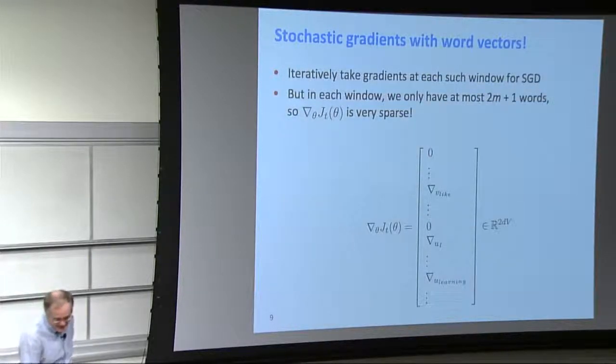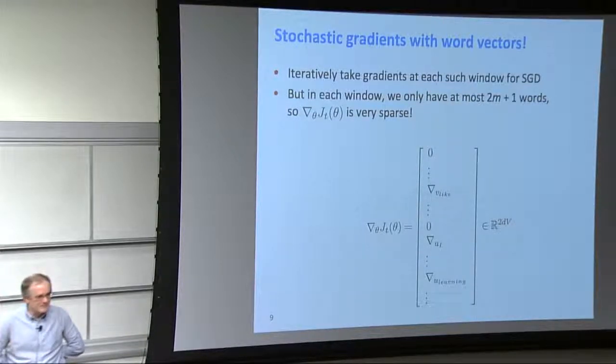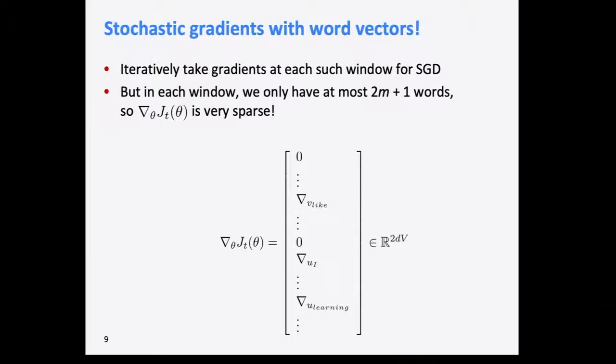Okay. Here's one other interesting thing which has some optimization details in it. If you think of doing stochastic gradients with word vectors, that's very different to some other deep learning problems like vision, because for either a single window or even a reasonably sized mini batch, that mini batch only has, relatively speaking, a handful of words in it.